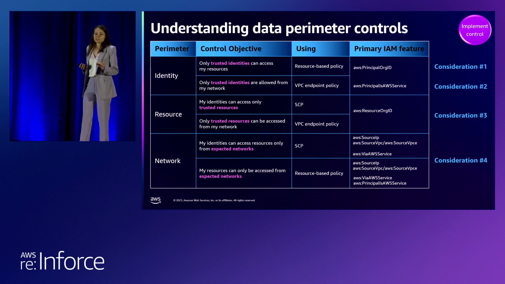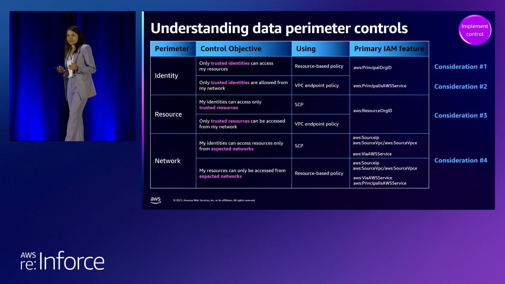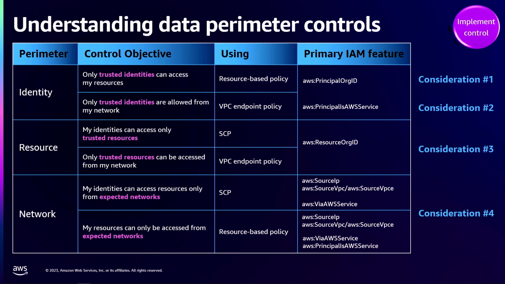But once those definitions are set, now you can codify the control. In this table, you'll see all the security objectives that are targeted by the data perimeters, mapped to the policy type and the condition key that allows you to meet that objective. Essentially, a different combination of a resource policy type and a condition key allows you to mitigate a specific security risk.